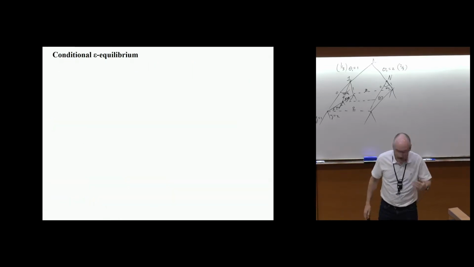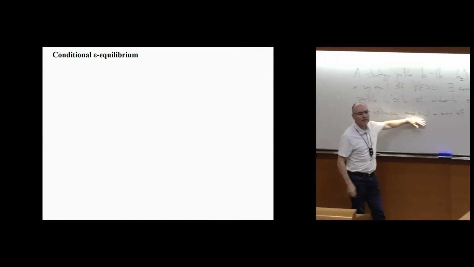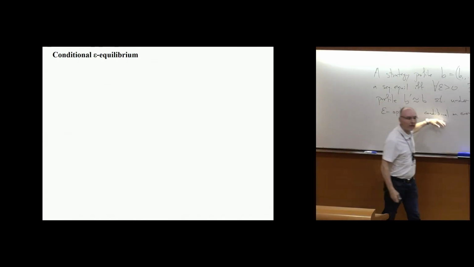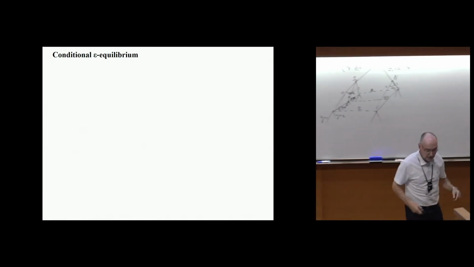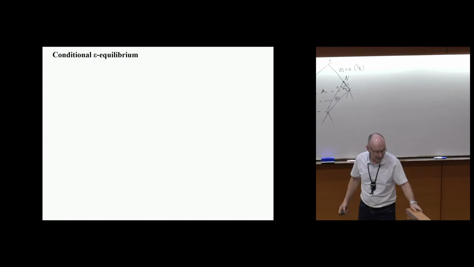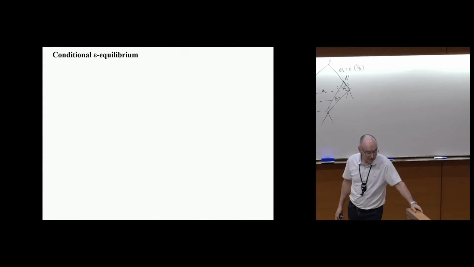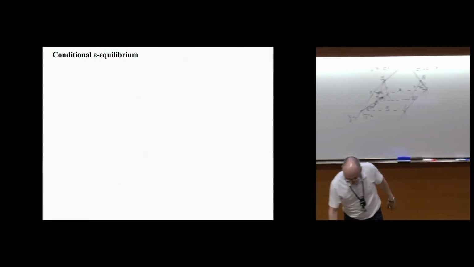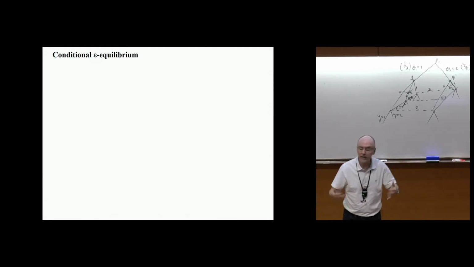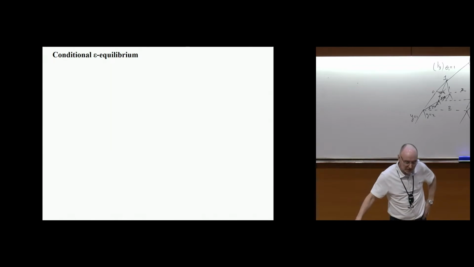An important idea is optimizing conditional on an information set that has positive probability, and so I want to talk about a concept that we'll call conditional epsilon equilibrium. By the way, epsilons are appearing, and they'll kind of go away eventually, but in terms of optimization, the infinite game case introduces complications.